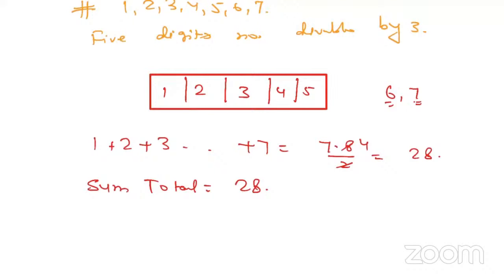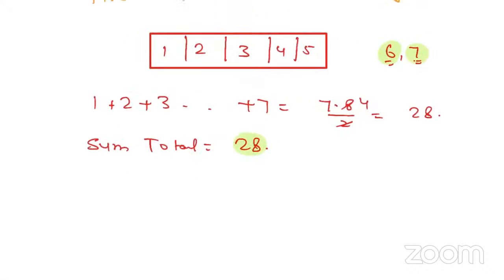So we have to take out two numbers, right? दो number मेरे को यहाँ से बाहर निकालने हैं and 28 we have to make divisible by 3, right? So if we subtract 1, not possible, only one number we are taking off, but we have to take off exactly two numbers, right?